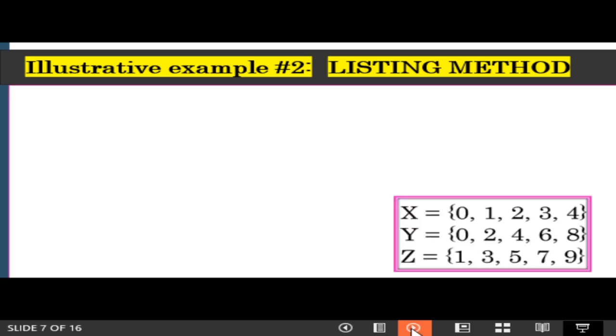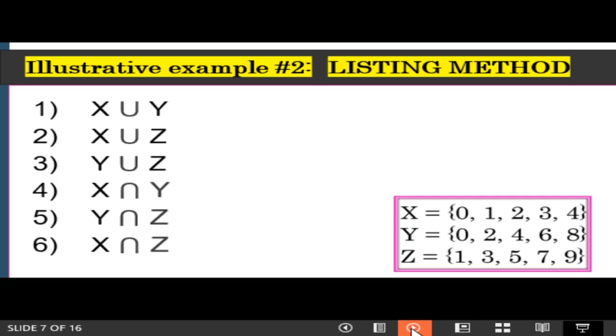In number 1, as I said, the union is just all the numbers found in both sets. So what will be our answer in number 1? Correct. The elements are 0, 1, 2, 3, 4, 6, and 8. And put a bracket on both ends.